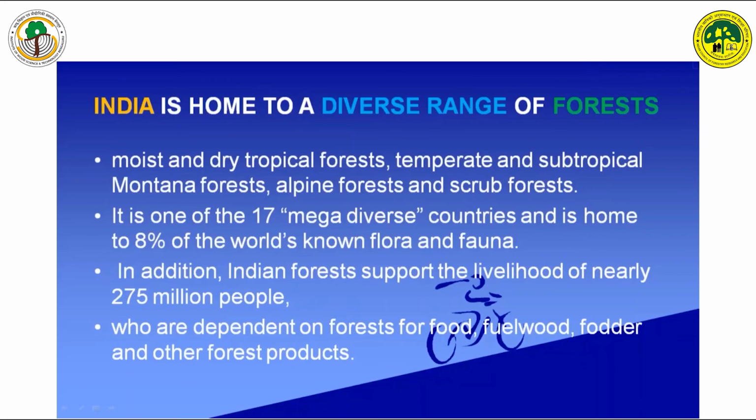In addition, Indian forests support the livelihood of nearly 275 million people, who depend on forests for food, fuel, wood, fodder, and other forest products. Social forestry also plays a vital role, with nearby social forestry groups or self-help groups helping the whole society.